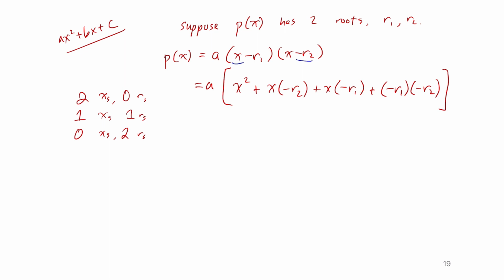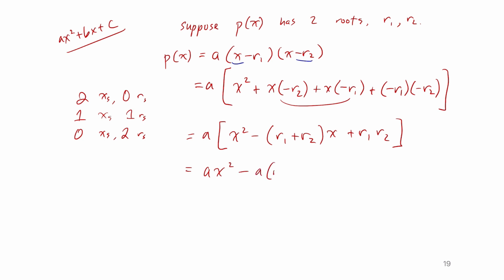Is this okay? And now I can distribute this negative sign and collect like terms. So I have a times x squared minus (r1 plus r2) x plus r1 r2. Because we have the double negative at the end. Is this okay? And then now, distribute the a. I have ax squared minus a(r1 plus r2)x plus a r1 r2.